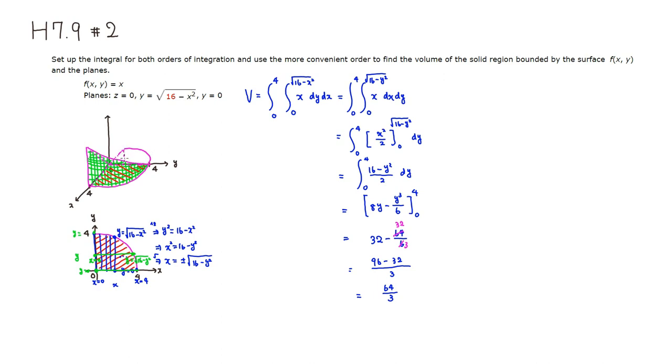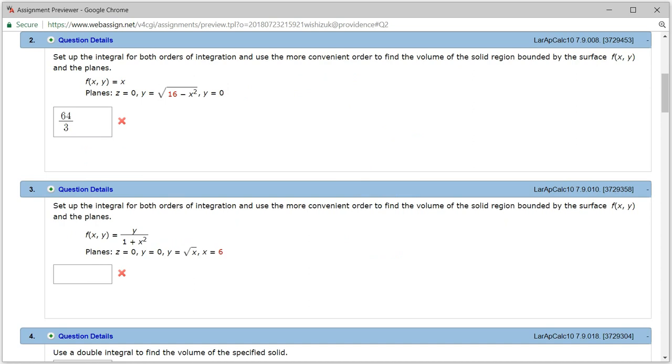It goes over here and looks something like that. There's a symmetric shape on the back side, below the xy plane, which has exactly the same volume of 64 over 3. So maybe they're looking for both of them, so we have to double this volume. Let's see if that's what they're looking for.